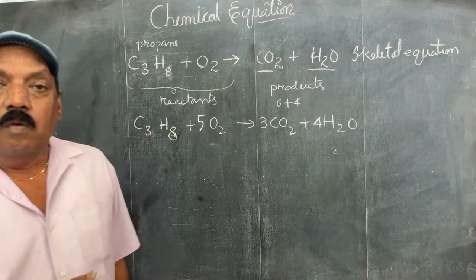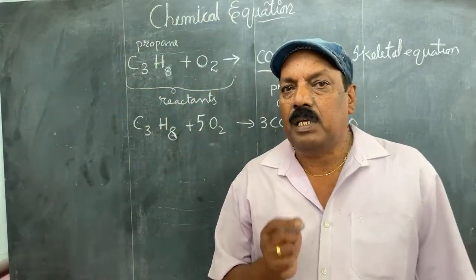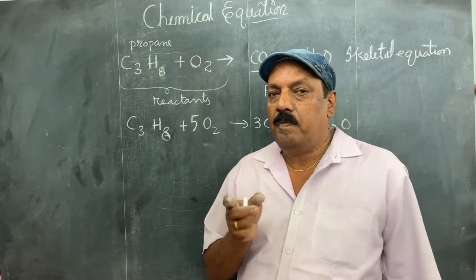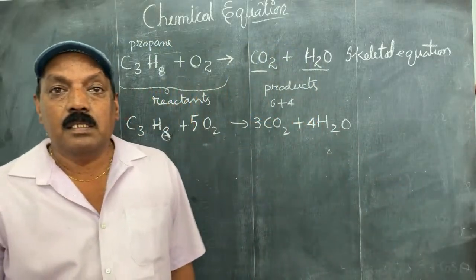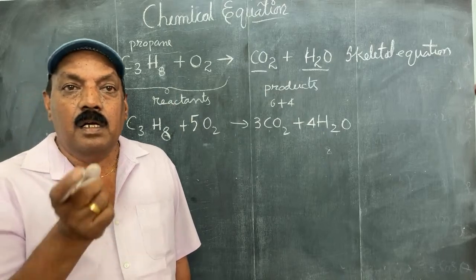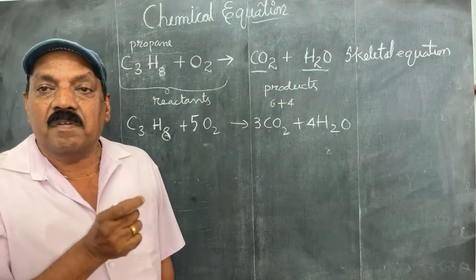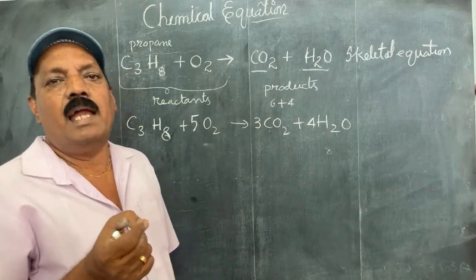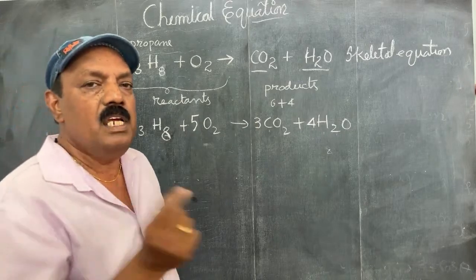Now, why do we have to balance the chemical equation? What is the necessity? We have to satisfy the law of conservation of mass. What is the law of conservation of mass? In nature, mass is neither created nor destroyed. To satisfy this law, we have to balance the chemical equation. That is the motto and the main theme of balancing a chemical equation.